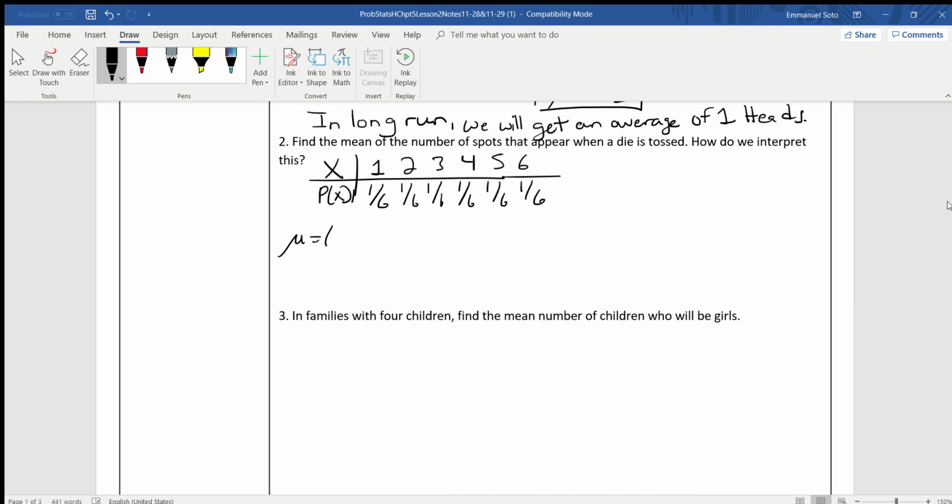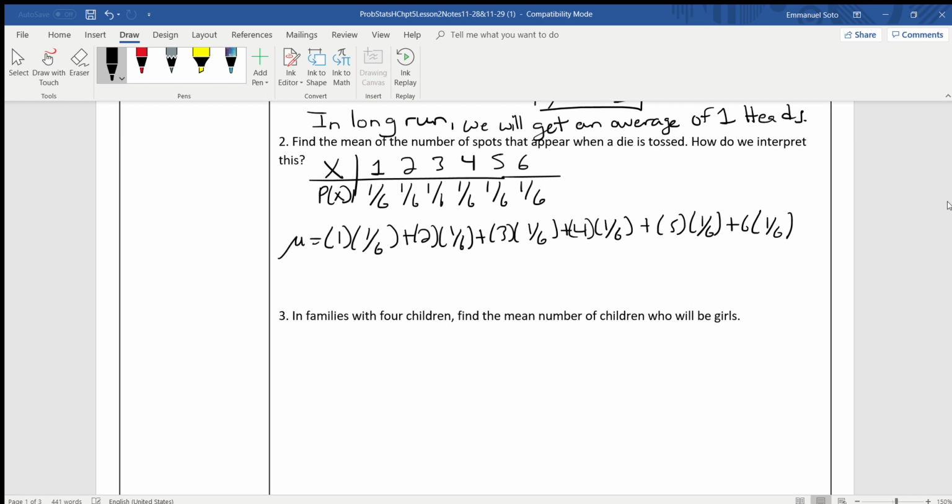We just multiply the x times the 1 out of 6, and we do that for all of them. So we have 1 times 1 out of 6 is 1 out of 6. 2 times 1 out of 6 is 2 out of 6. 3 out of 6, 4 out of 6, 5 out of 6, and 6 out of 6.